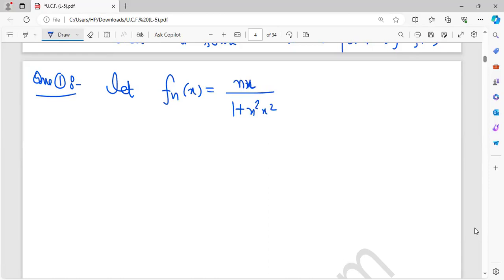So does fn converge to the zero function? Does this sequence converge, or does it not?